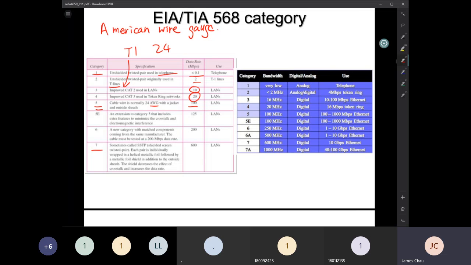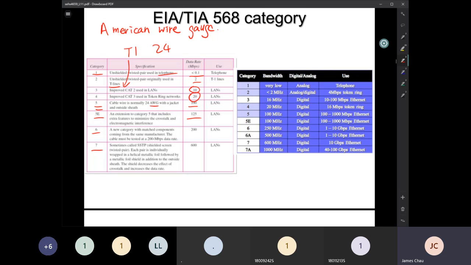And if you follow the standard, you can achieve the data rate normally. And it has an extension 5E, which supports a higher data rate. Okay, and Cat6 and Cat7 normally we are using now because we get a faster Ethernet.